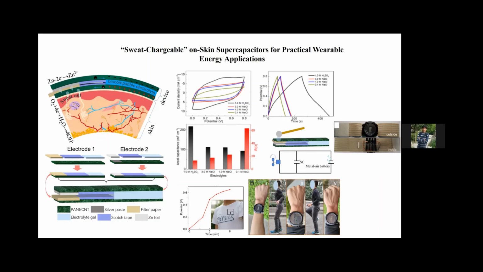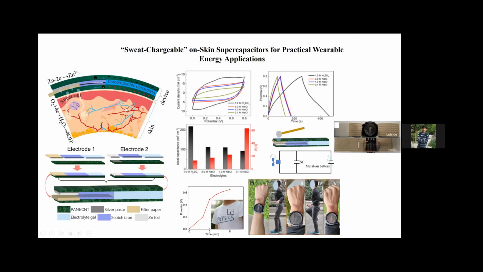See, during high humidity and such, suppose we make a device and wear it, and sweat comes out from our body. From this sweat we can make a supercapacitor work. For example, let's see here how it works.